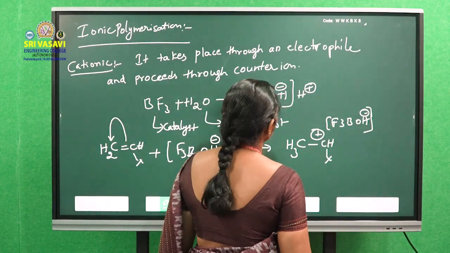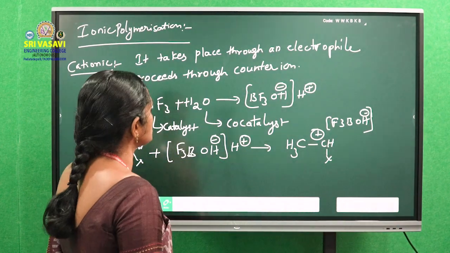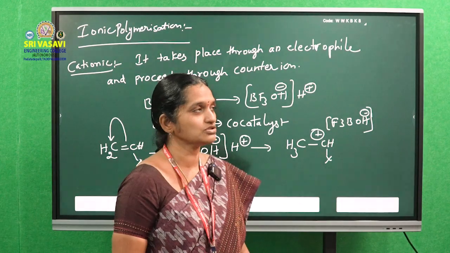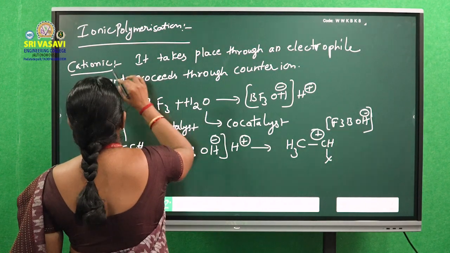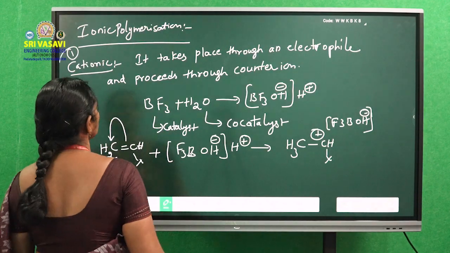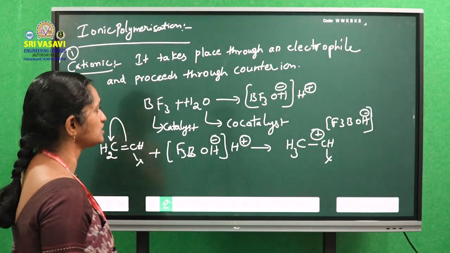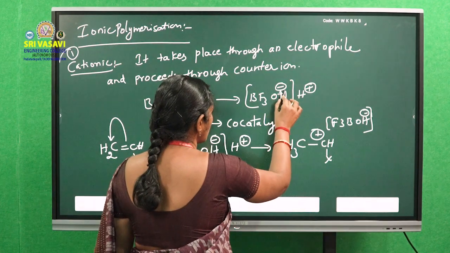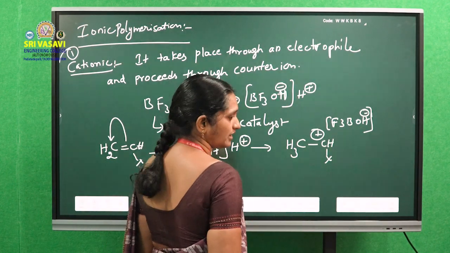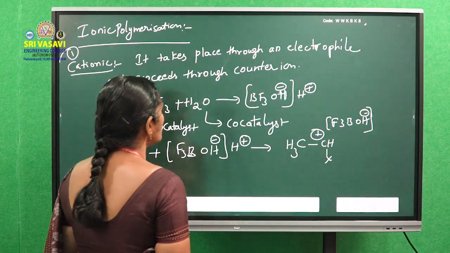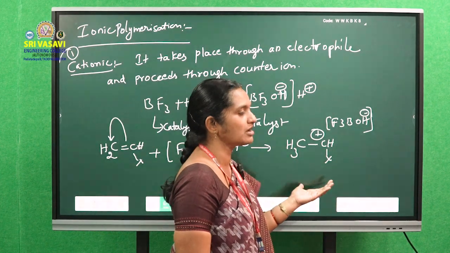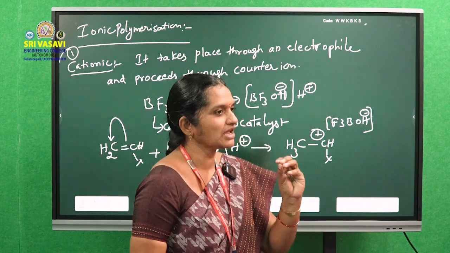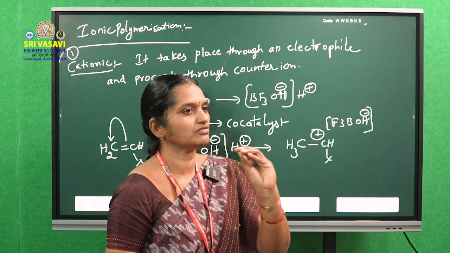Okay, next. The second polymerization is ionic polymerization. Ionic polymerization is again classified into two types. The first one is cationic addition polymerization. Cationic addition polymerization means I have to get the carbonium ion, right? The carbonium ion is obtained on the monomer only by taking Lewis acids with water.